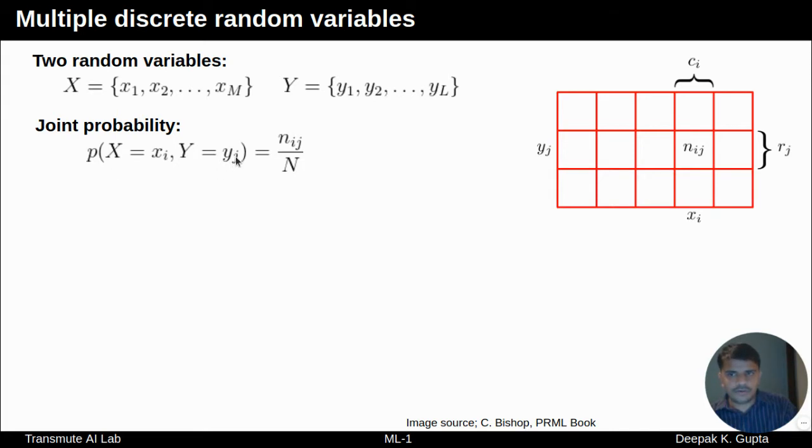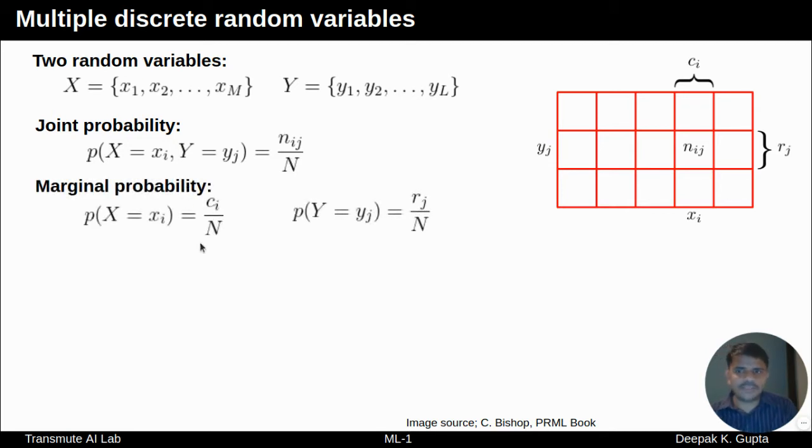The probability of that is referred to as joint probability. So joint probability is the probability when x is equal to xi and y is equal to yj occur together. And from this grid, it can be written as nij by capital N.